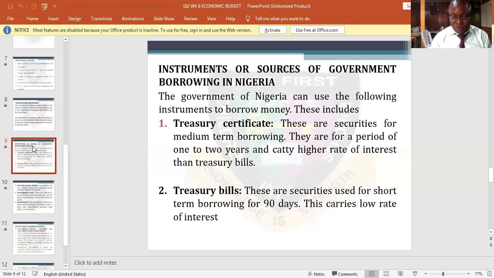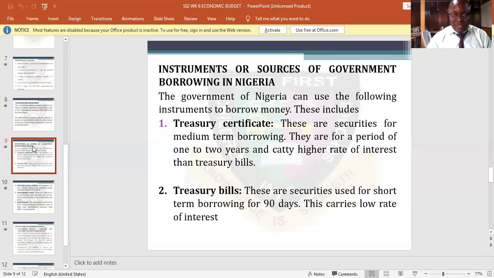We are still coming to treasury bill. Treasury bills are securities used for short term, but treasury certificate is for medium or long term borrowing. So you can repay that loan in 1 year or 2 years, or even more than 2 years, depending on the agreement of both parties.